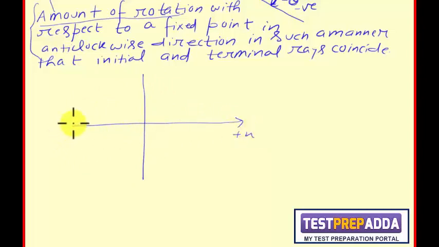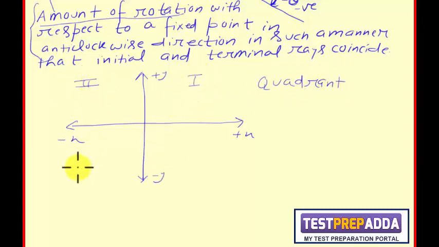Positive X, negative X, positive Y, negative Y. So we have divided this XY plane into four parts. Each part is called a quadrant. This is our first quadrant, this is our second quadrant, this is our third quadrant, and this is our fourth quadrant.